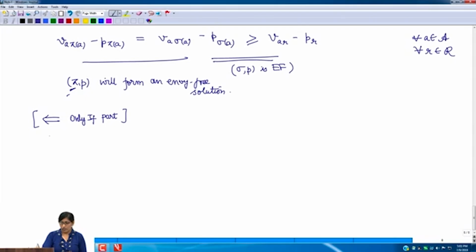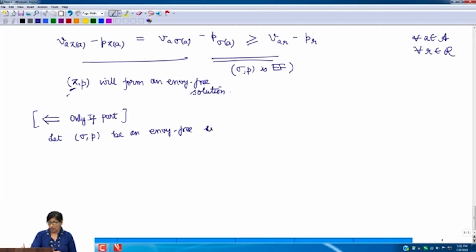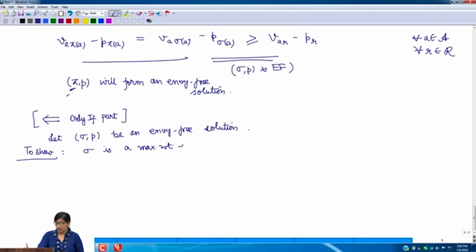So in the other way around, let sigma comma p be an envy-free solution. I need to show that sigma is a max weight perfect matching in the corresponding valuation graph GQ.